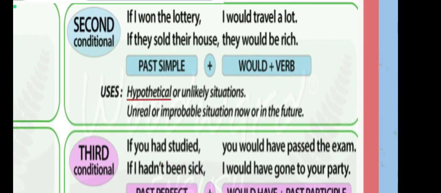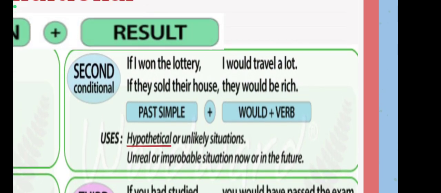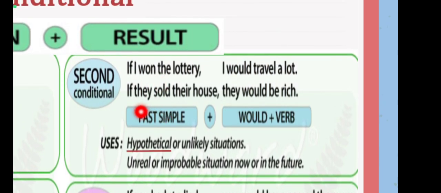That's great. Amazing job. So students, always remember, you need to follow the structure. Past simple plus would and the verb in basic form. Here we have past simple, I won. If I won. Here we have would plus the verb. Would travel. They sold. They would be. Remember, you cannot mix them.